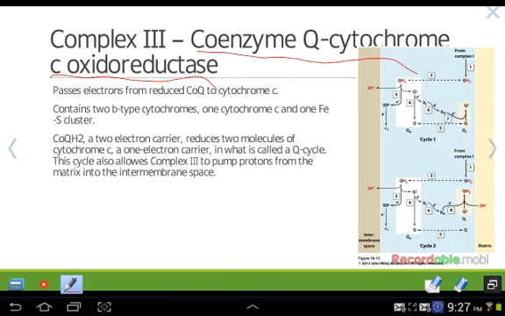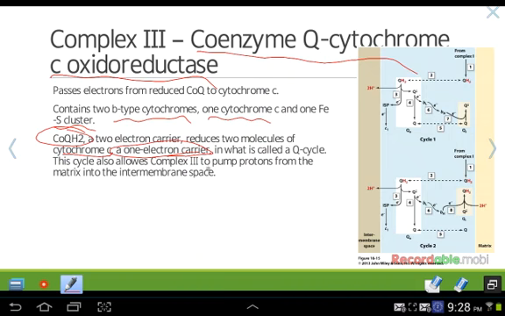Complex 3 contains 2 b-type cytochromes, 1 cytochrome c, and 1 iron-sulfur cluster. The reduced form of CoQ, CoQH2, is a 2-electron carrier, remember? So it reduces 2 molecules of cytochrome c, a 1-electron carrier, in what is called the Q cycle.